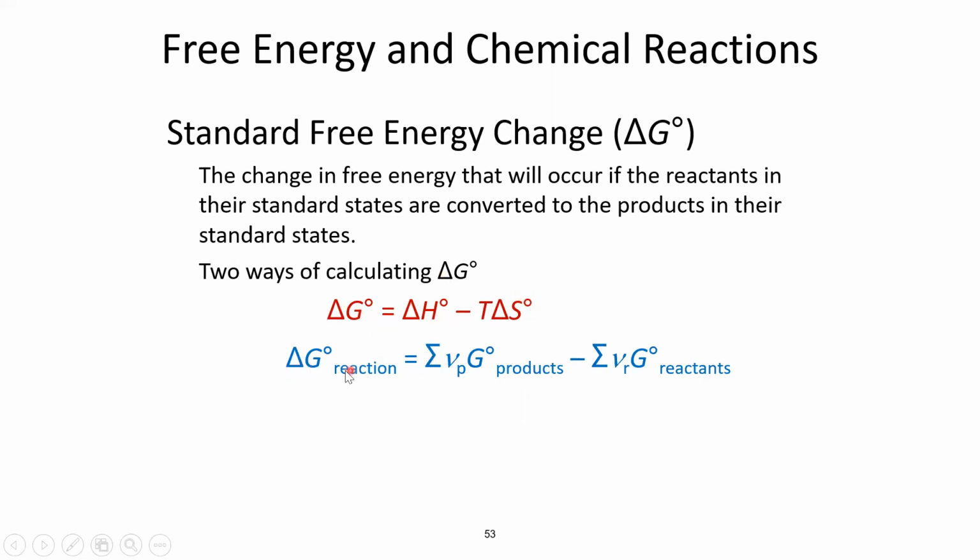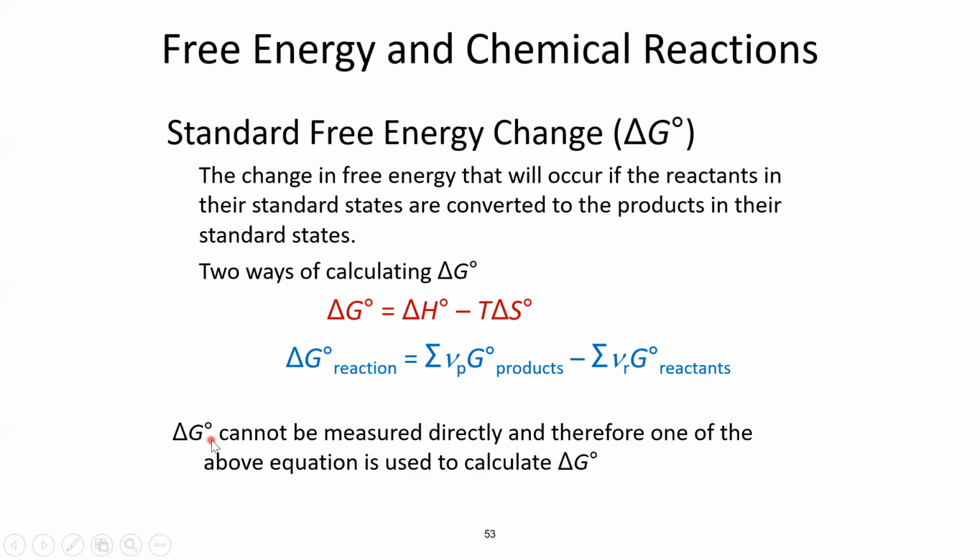We can also calculate the delta G value and decide whether or not a reaction is spontaneous or non-spontaneous by taking the sum of the delta G values for the products and subtracting the sum of the delta G values for the reactants. Just depends on what we're given in the question. It's two ways of calculating the same thing.